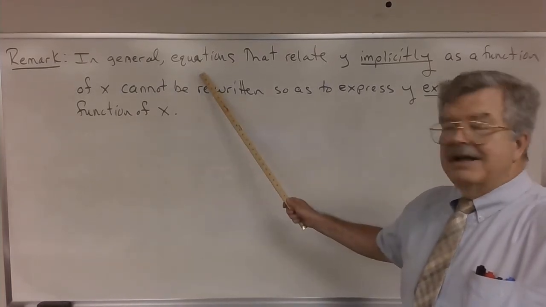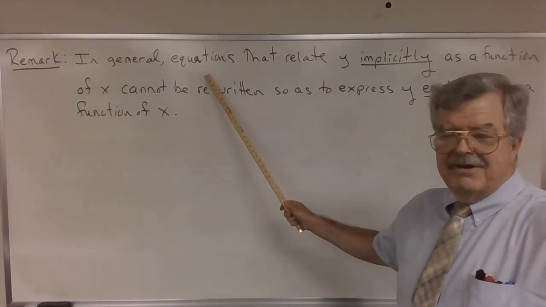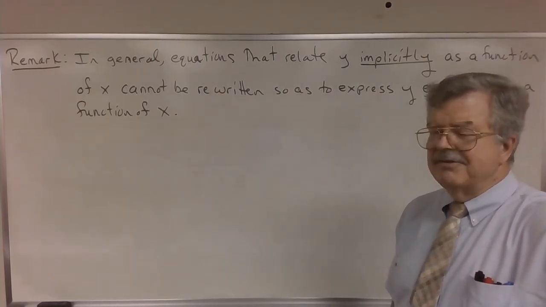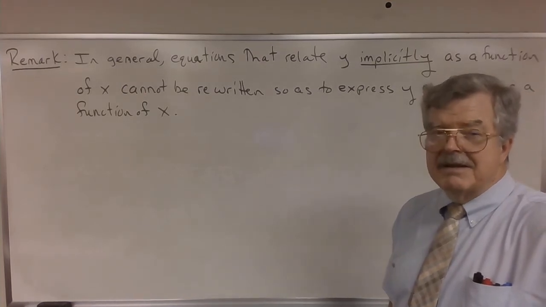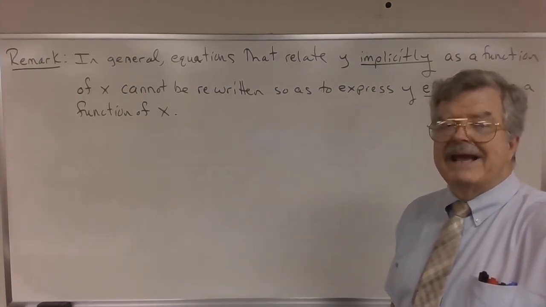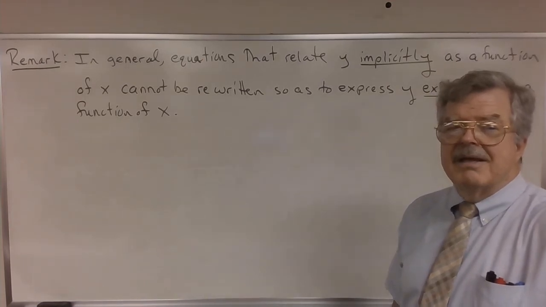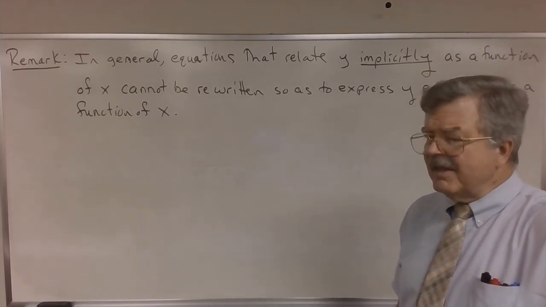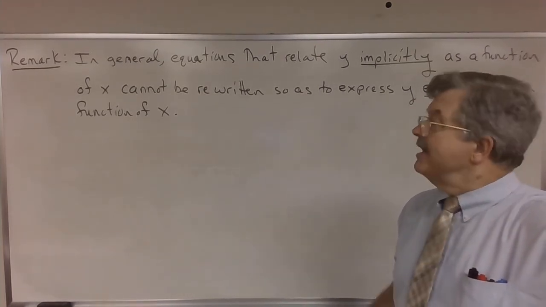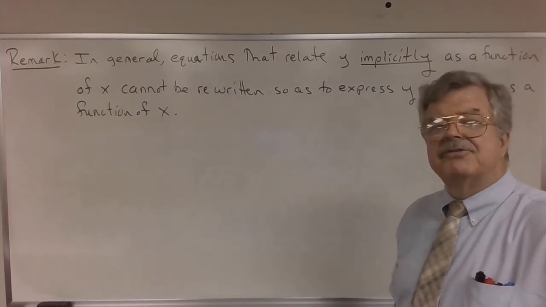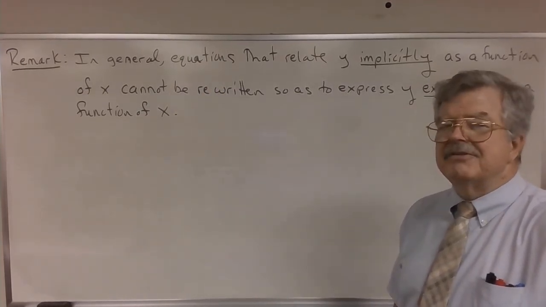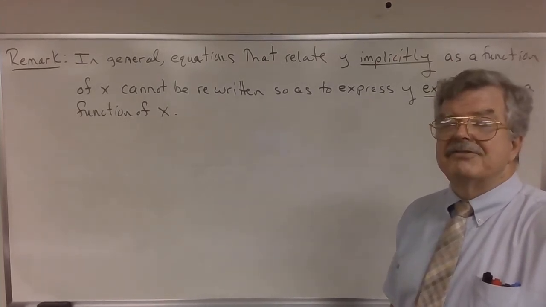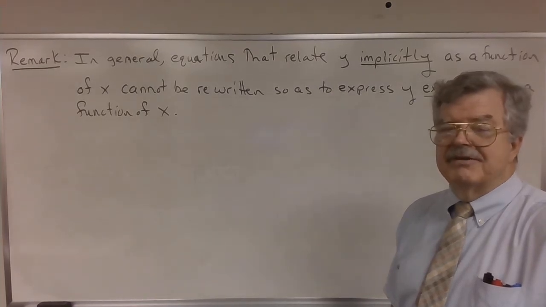Now, this statement is not saying that it can never happen. There are equations that relate y implicitly as a function of x that can be rewritten so as to express y explicitly as a function of x, but that doesn't happen too often. More often than not, if we have an equation that expresses y implicitly as a function of x, we won't be able to write it so that it expresses y explicitly as a function of x.